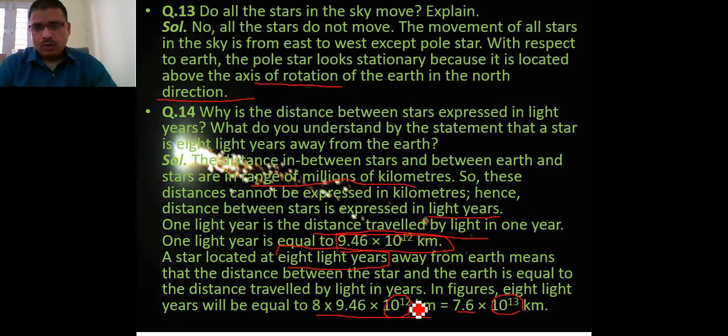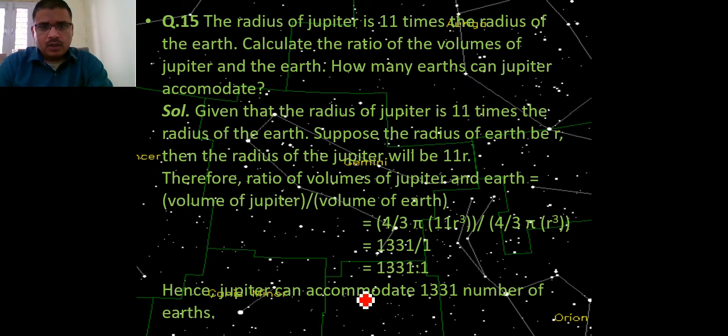This is again a solution. The radius of Jupiter is 11 times that of Earth. As we know, the volume of any sphere is 4 by 3 pi r cube. Since the radius of Jupiter is 11 times, the volume of Jupiter is 4 by 3 pi, and in place of r the 11 r whole cube is put.